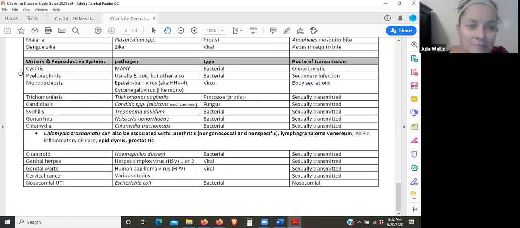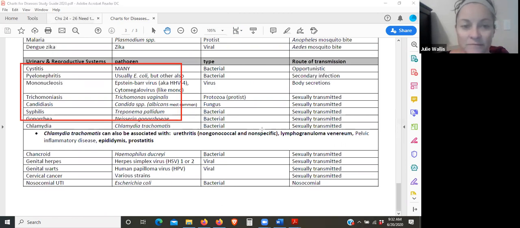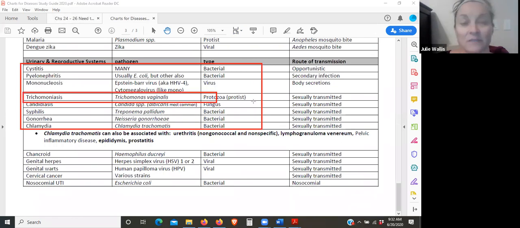For example, trichomoniasis is caused by Trichomonas vaginalis, which is a protist, in the subgroup of unicellular protozoa. That one is not going to respond well to most antibiotics because it's not a bacteria, not a prokaryote.